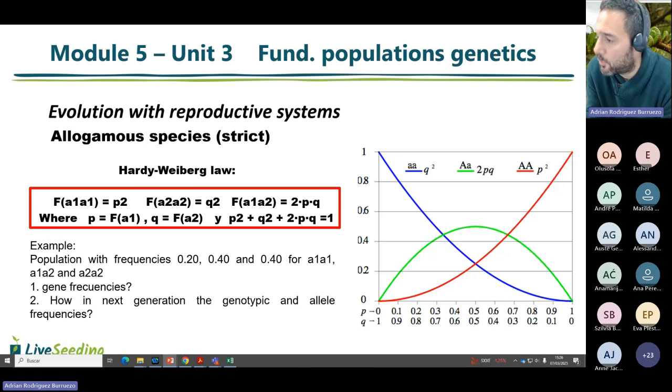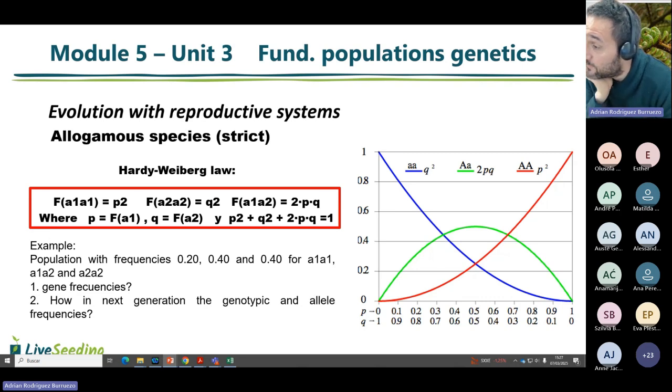If in this population the three genotypes account for 0.2, 0.4, and 0.4 for the whole value one of the population, it means that imagine you have 1,000 individuals, then 200 individuals will be A1A1, 400 will be A1A2, and 400 will be A2A2.